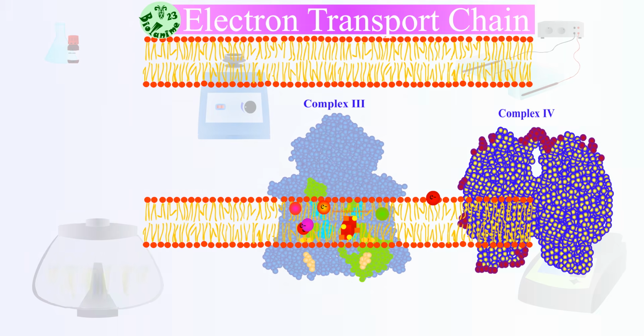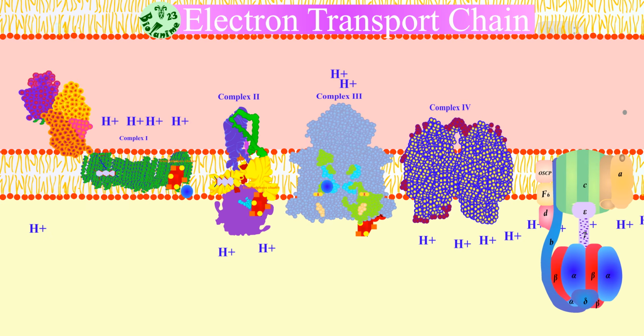When another ubiquinol arrives at the QO site, the same process occurs again. The first electron is transferred to another cytochrome C molecule and carried to complex 4, while the second electron follows the cytochrome B pathway to the QI site. There, it combines with the previously formed semiquinone radical and 2 protons taken up from the mitochondrial matrix, converting it into ubiquinol once again.